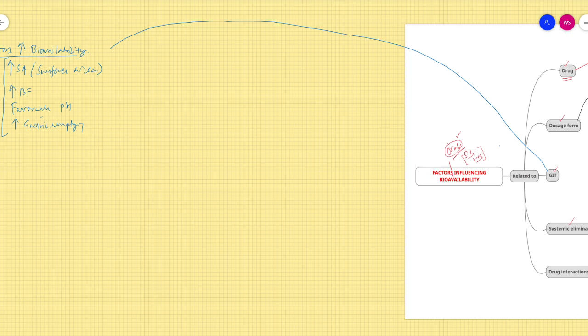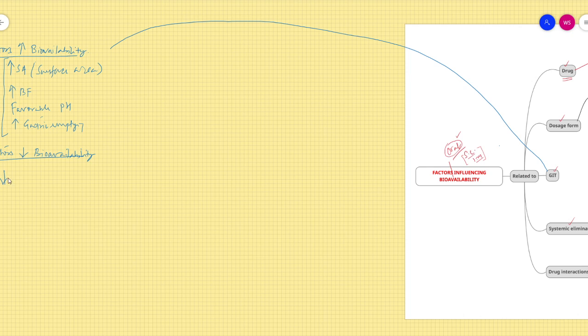Yes, so there can be factors that decrease bioavailability. And what could be the factors that decrease bioavailability? It would be opposite to all this.